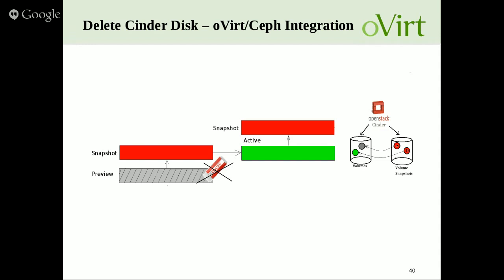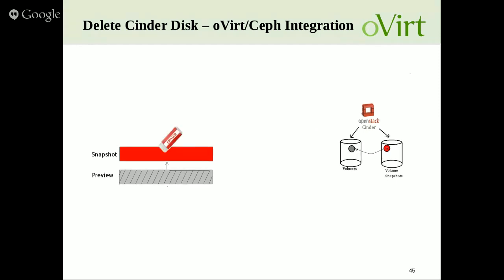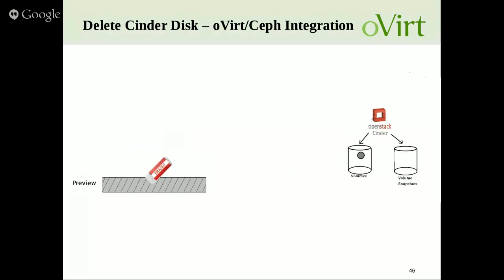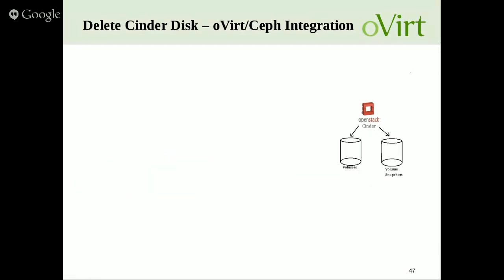What we need to do is first delete the snapshots and then delete the volume, which is the one all the snapshots are based on. So we start deleting from the snapshot, then remove the next volume, going again from the snapshot, and at the end just remove the last volume. So this is how delete disk is done for a Cinder disk.